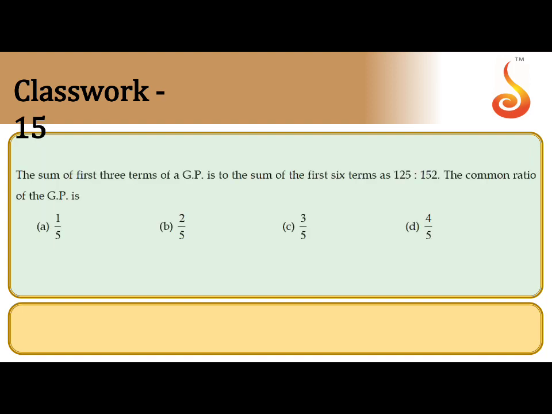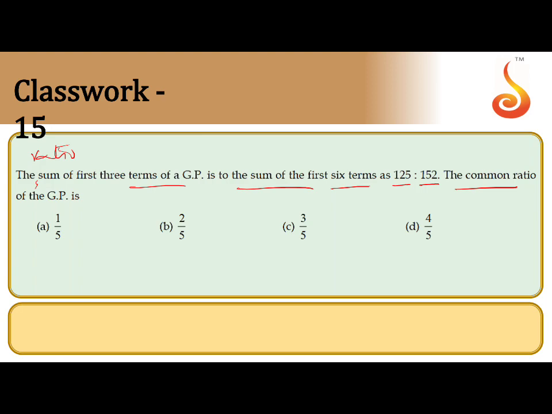Next question. So this question, there is some small correction. I think the ratio of the sum of the first 3 terms of a GP to the sum of the first 6 terms is 125 is to 152. What is the common ratio they are asking?